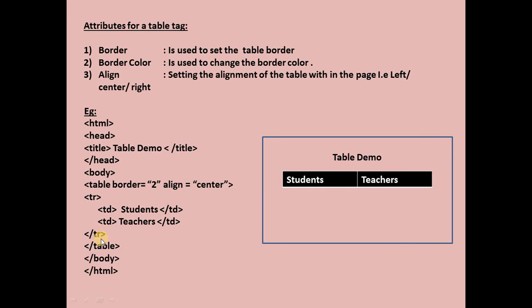So next I am going to close the row tag. If you want one more row, again you have to start with the TR tag after closing the first row. Next I am closing the table. So here the table ends, and the body of the page as well as the HTML code also ends here.